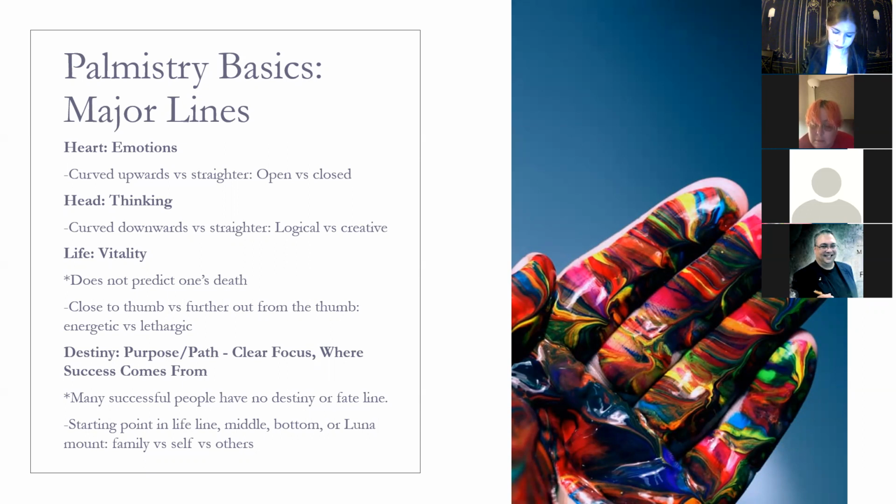I think that's all for the headline. I do want to circle briefly back to the heart line because I mentioned a writer's fork. So what does it mean when you have a fork on your heart line? It doesn't mean the same thing because we're talking now about emotions again.